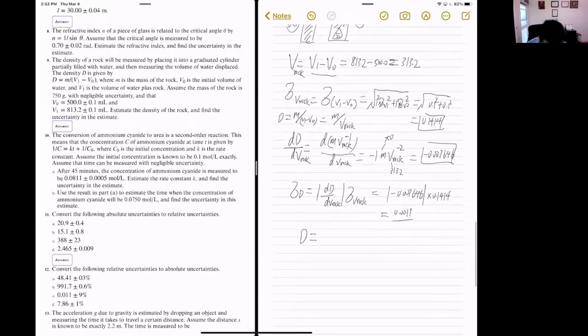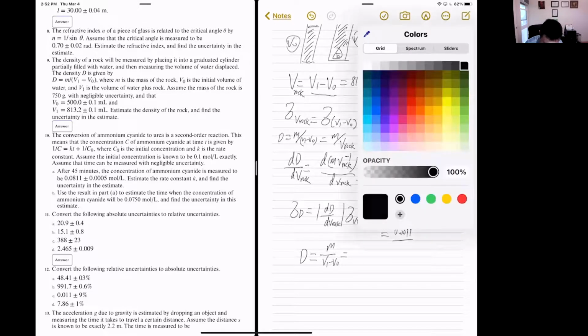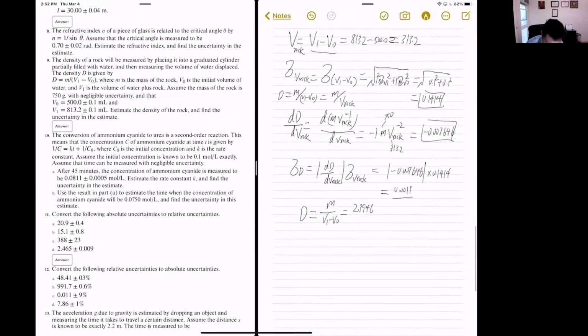So D is equal to m over V1 minus V0, which is 2.3946. So D is equal to 2.3946 plus or minus 0.0011. The unit is grams per milliliter.